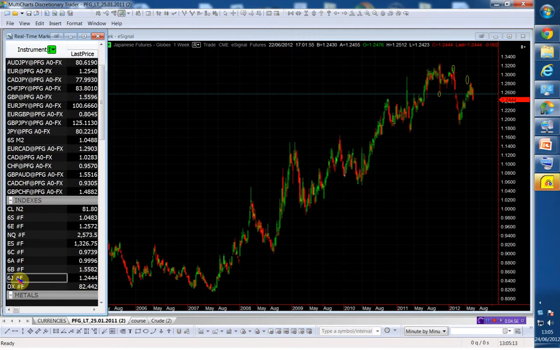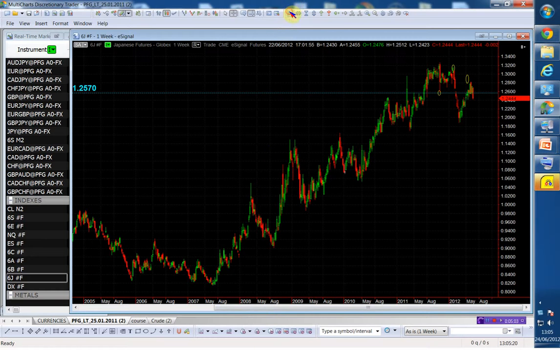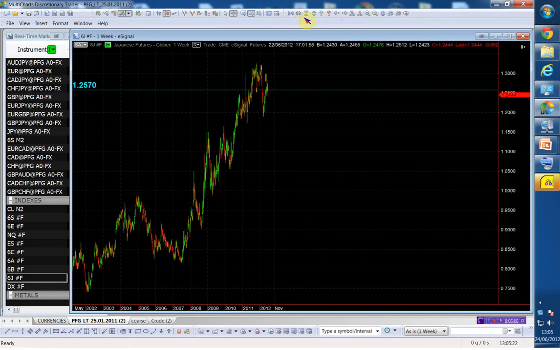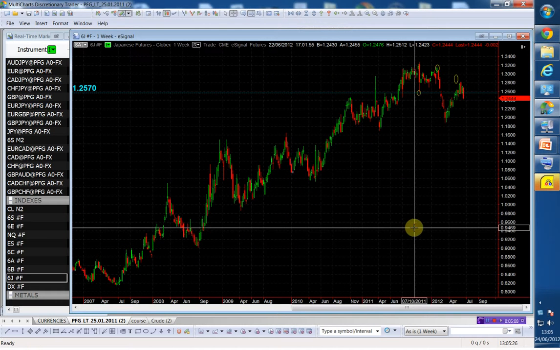If you look at this chart, you can see that one of our major structural points was the 125.70.